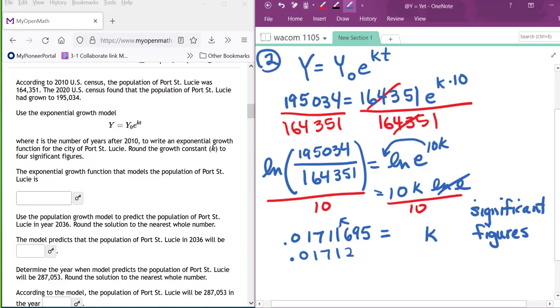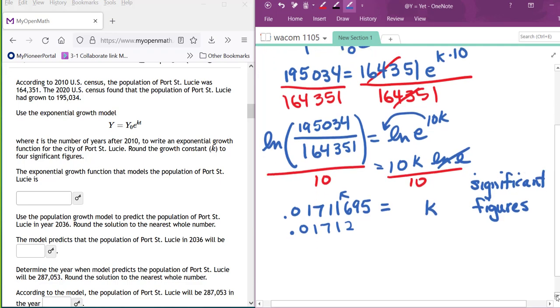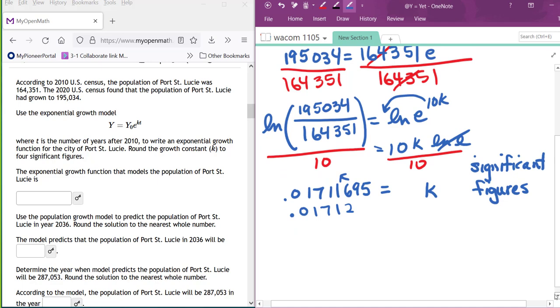All right, so now they want us to give the growth function. And so we will have y. So we could do it at any time. And we'll put our original amount, 164351, e to the 0.01712, and we'll have t there.